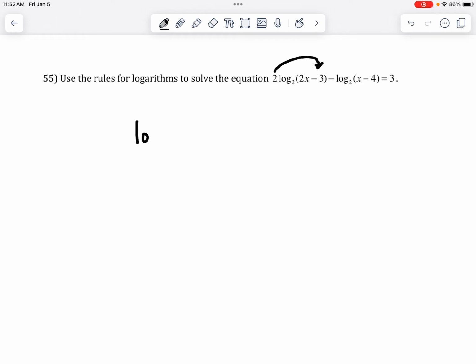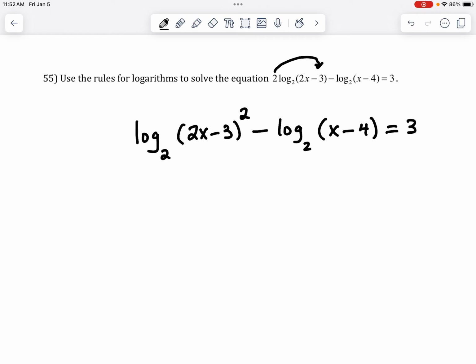So it's going to be log base 2, and then the 2x minus 3 stays in parentheses, and now that's squared. And the next step is going to be, since this has subtraction, I could rewrite this problem as a single logarithm, but I'll just need to divide.